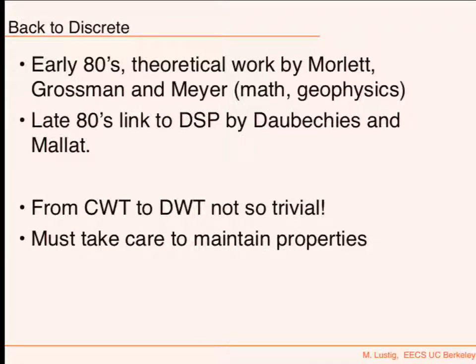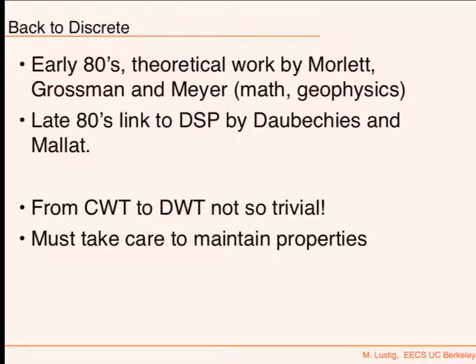The Haar has a zeroth moment, so if you integrate over it, it will be 0. The zeroth moment is just the integral over the signal. The first moment is the integral of t times x(t), the second moment is the integral of t squared times x(t), and so on and so forth.